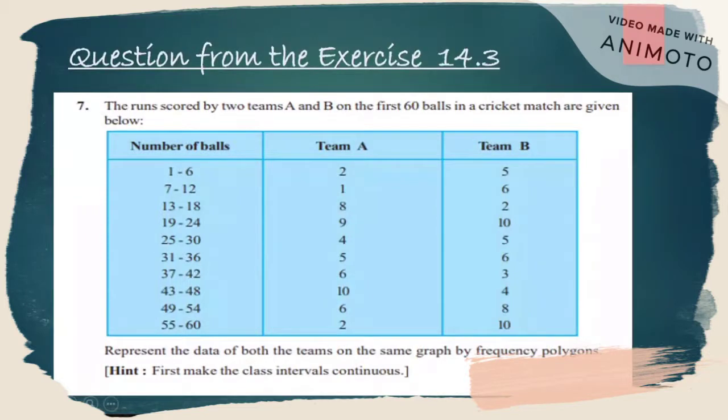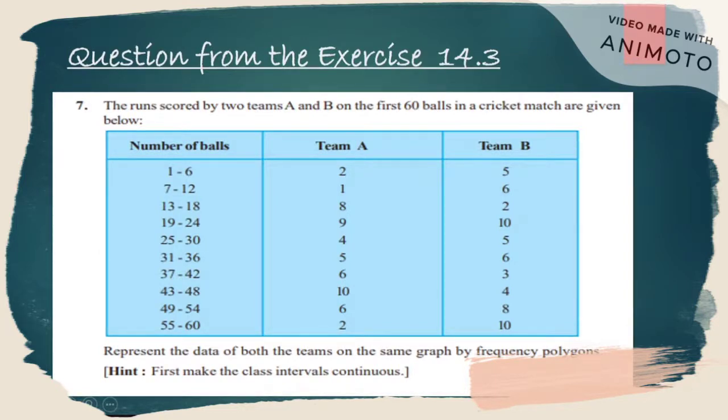As we have understood the frequency polygon and how to draw it without using any histogram, here is a question derived from exercise 14.3, question number 7. I hope everyone is seeing the question. The question says that the runs scored by two teams A and B in the first 60 balls of a cricket match are given below.